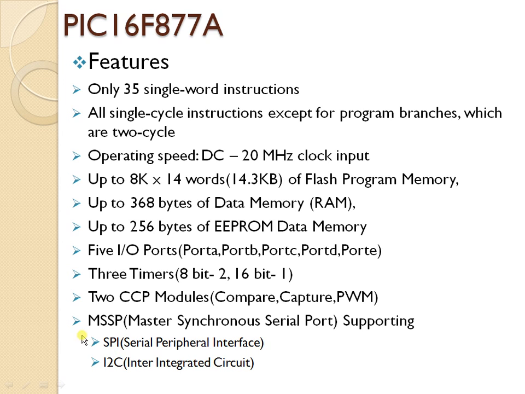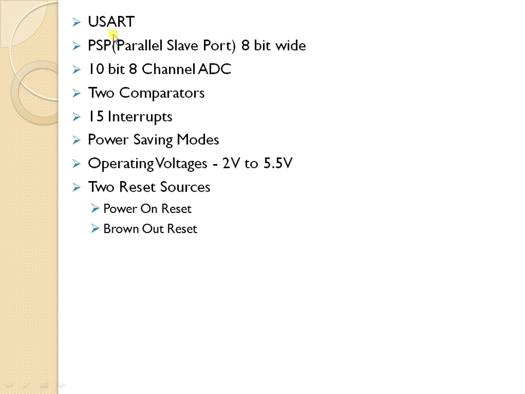It has 2 synchronous serial protocols. There is one peripheral, MSSP, master synchronous serial port, which supports 2 synchronous protocols, I2C and SPI. It has USART, which provides synchronous as well as asynchronous serial communication, and a PSP, parallel slave port.